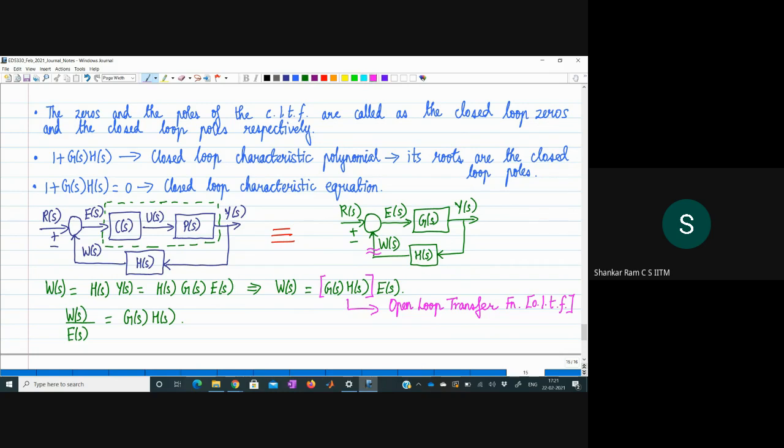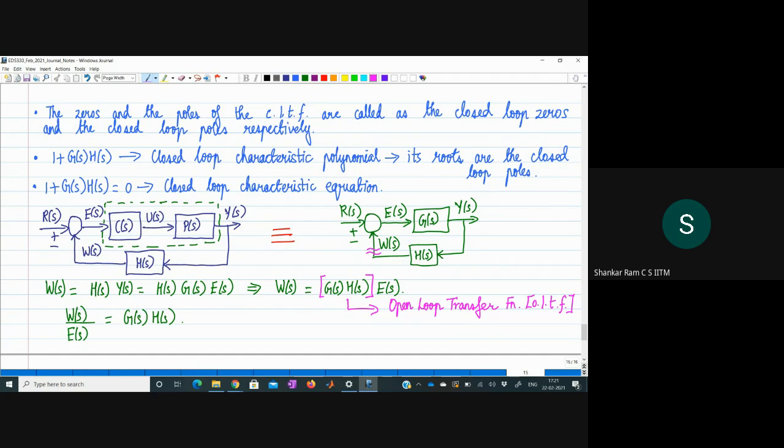As you can see, we are getting this definition, this transfer function, by opening the loop, within quotes. So we are fictitiously cutting open the loop and then getting this transfer function. Please note that this is a fictitious quantity that we are going to use for convenience in our analysis of the closed loop control system.